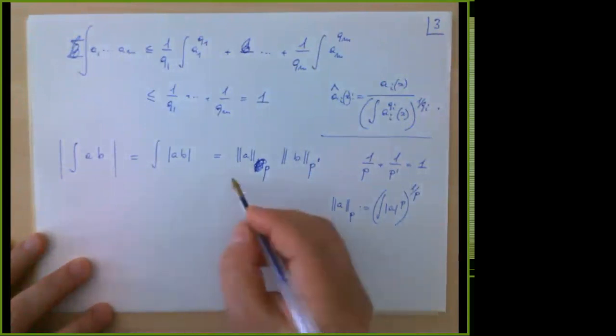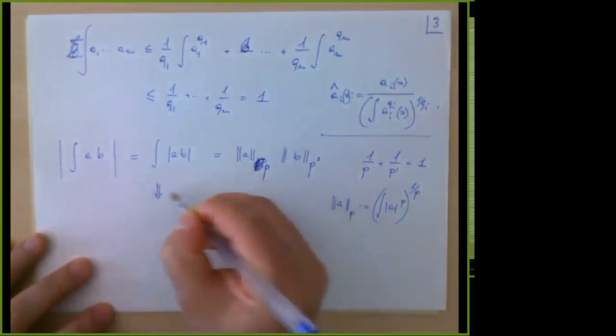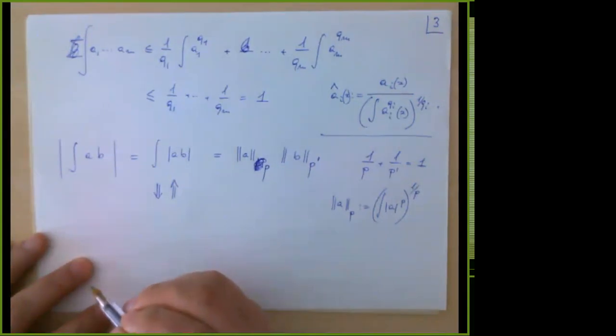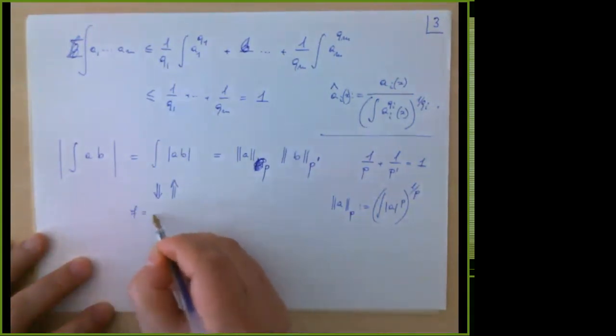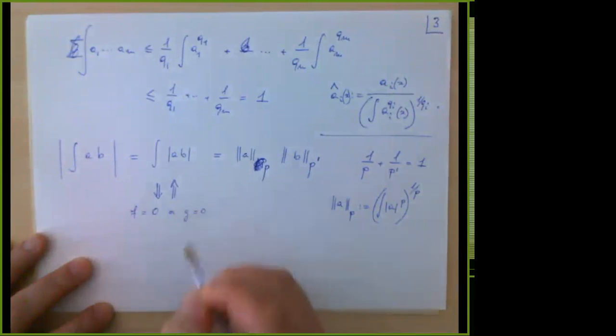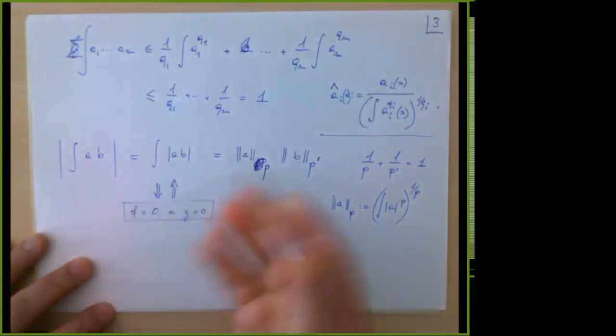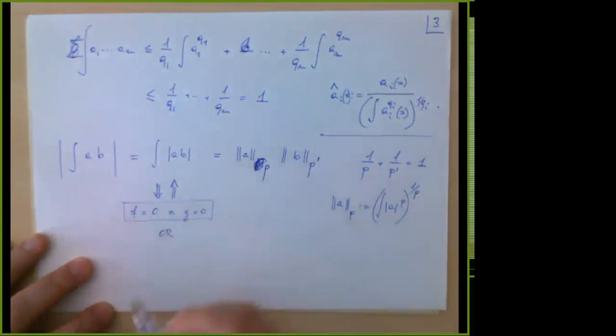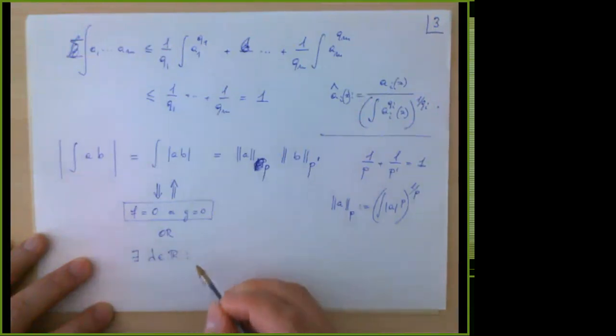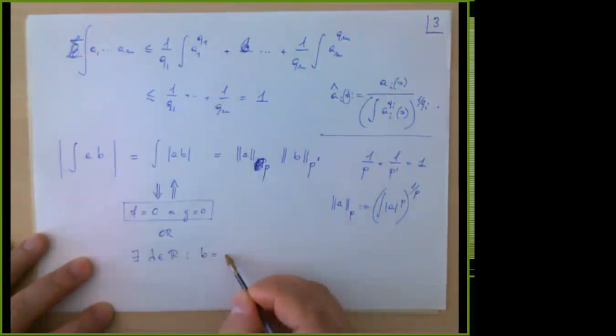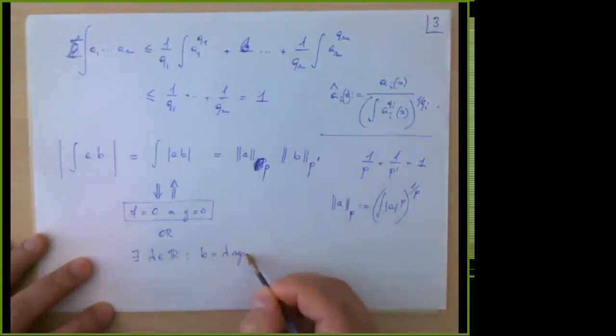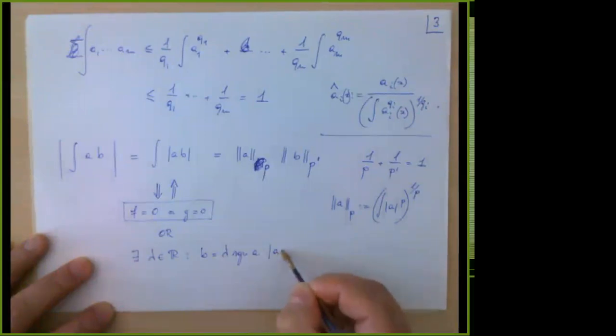Okay, so the claim is that we have this set of equalities if and only if either f is equal to 0 or g is equal to 0. So either we have this condition, which is the non-interesting one, or, and this is the more interesting one, there exists lambda real such that we can write that B is equal to lambda sine of A to the power P minus 1.